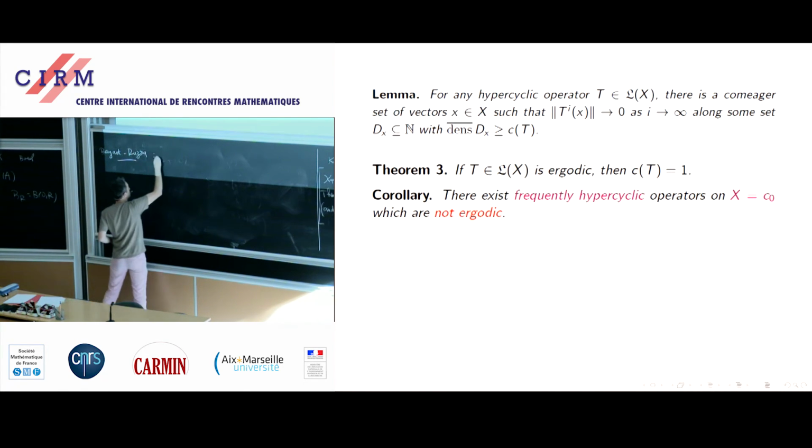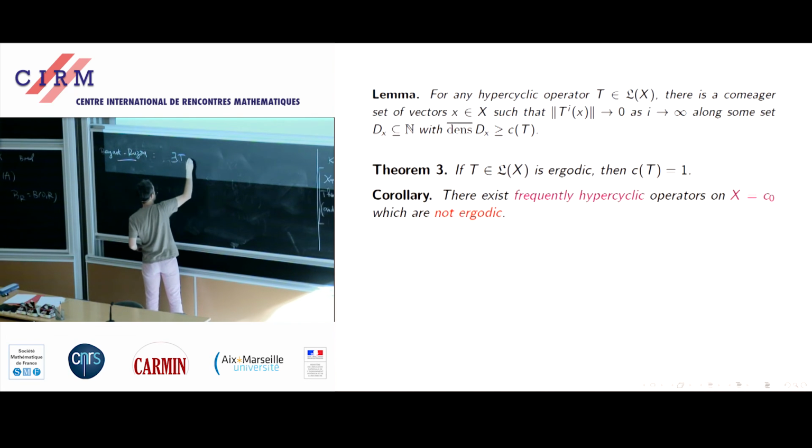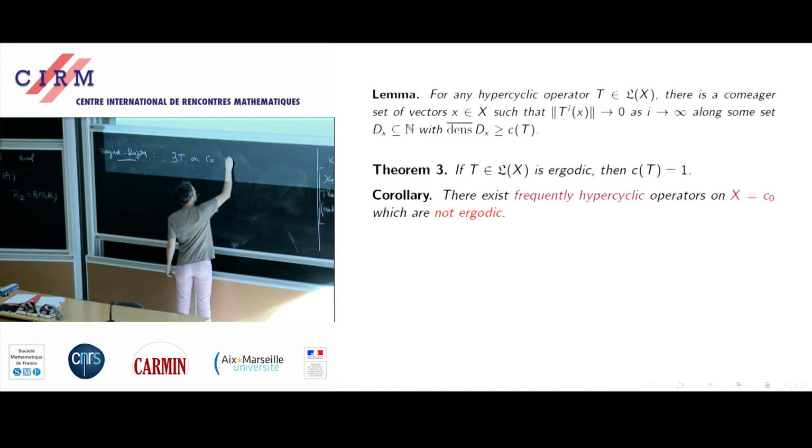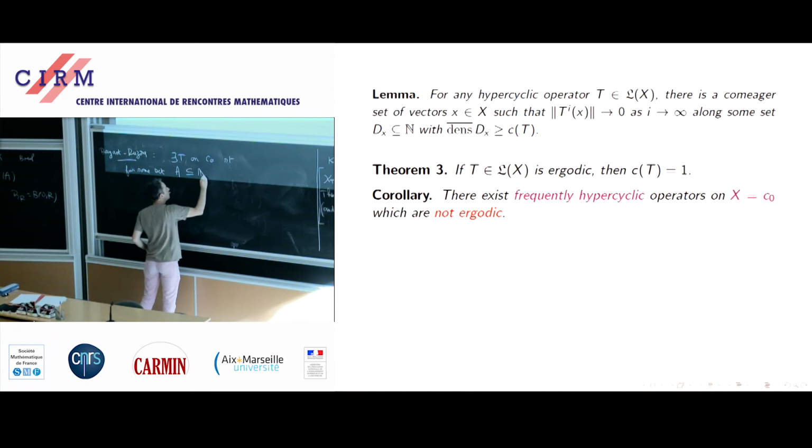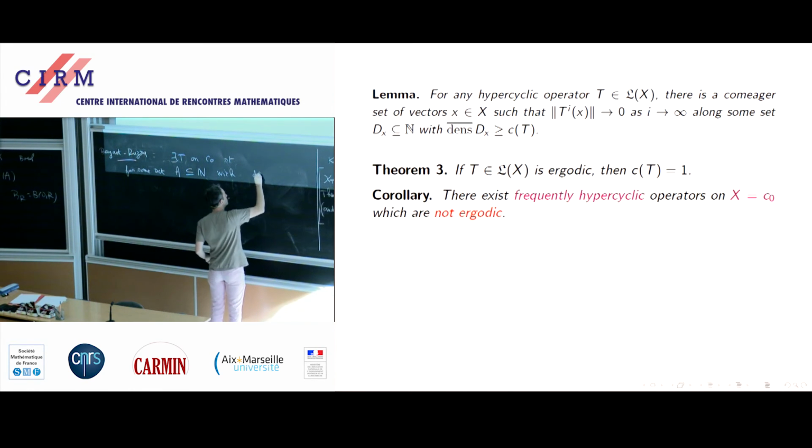So there exists an operator T on c0 such that, I forgot what it satisfies, for some set A with positive lower density, is it correct?